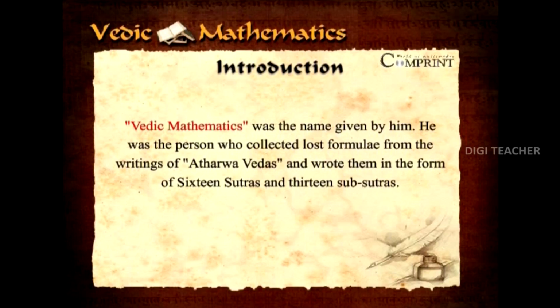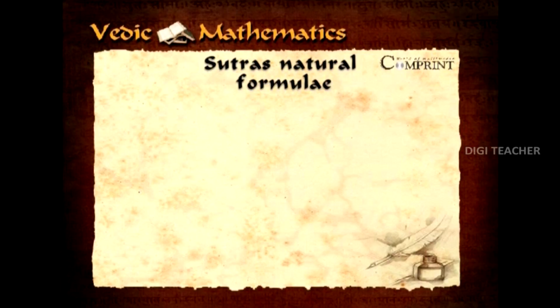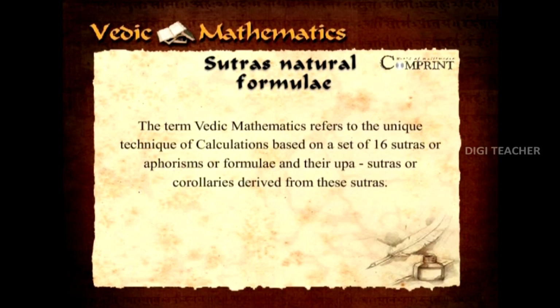He was the person who collected lost formulas from the writings of Atharva Vedas and wrote them in the form of 16 sutras and 13 sub-sutras. Sutras are natural formulas. The term Vedic mathematics refers to the unique technique of calculations based on a set of 16 sutras, or aphorisms or formulae, and their upasutras, or corollaries, derived from these sutras.